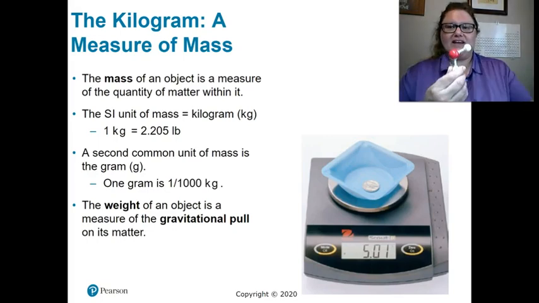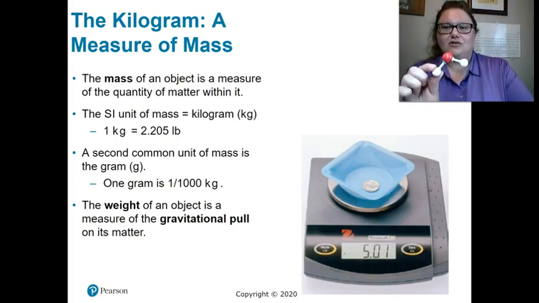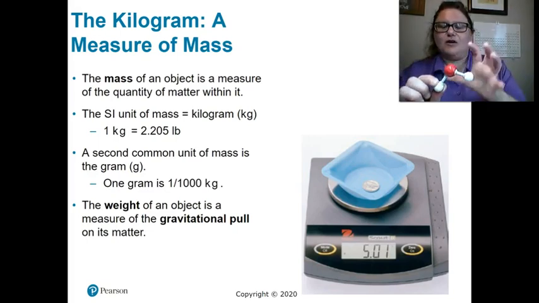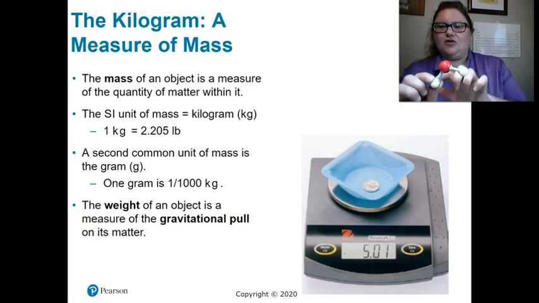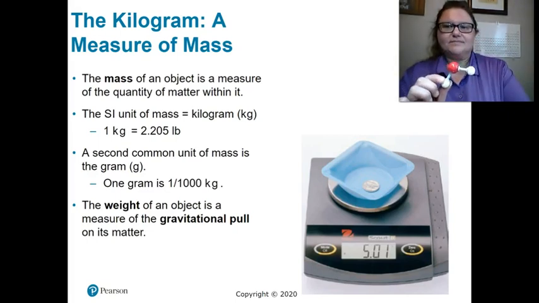So how many water molecules are you looking at in your sample, and how much stuff is making up these two hydrogens and that oxygen? Okay? How much material is there?